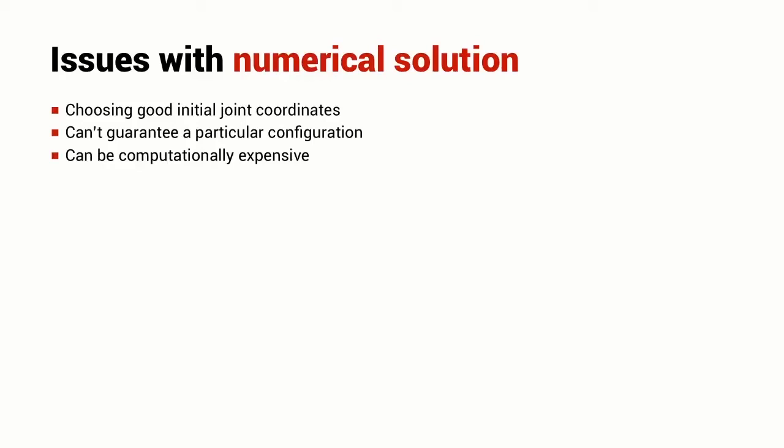It depends on your choice of initial joint angles. It can also be computationally expensive. It's an iterative algorithm, and the number of iterations depends on how good your initial set of joint angles is, and that computational expense may be inappropriate in a hard real-time system where you need to compute inverse kinematics within a small and finite amount of time.